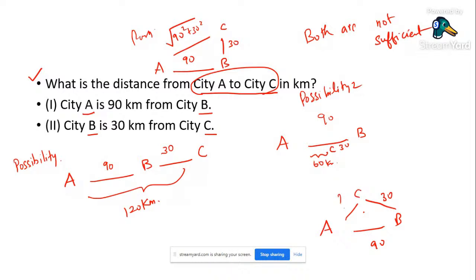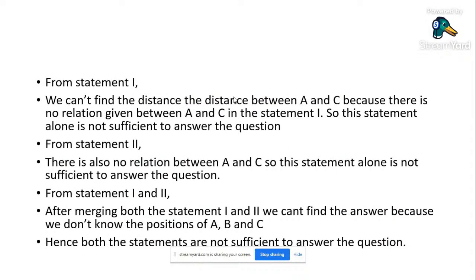In that case, the distance between B and C will differ. You cannot take it for granted that everything will lie in the same straight line. Even if they lie in the same straight line, you are getting two different possibilities. So you cannot determine the distance between A and C unless you know the relative positions. So even after merging, we don't know the positions of A and C.